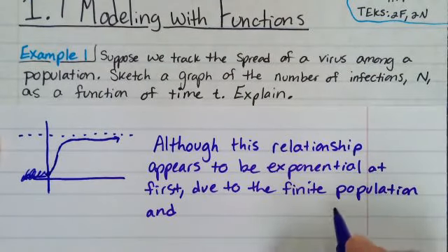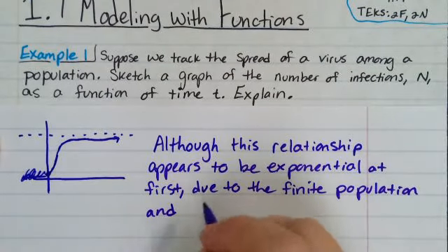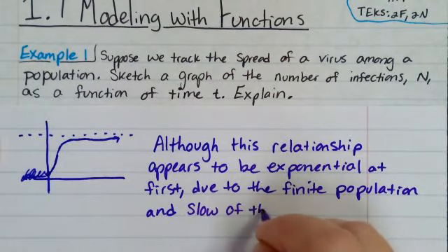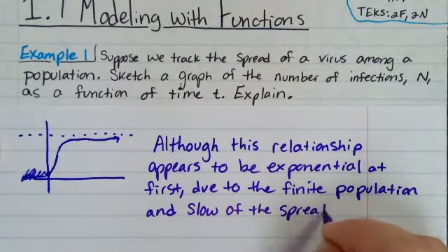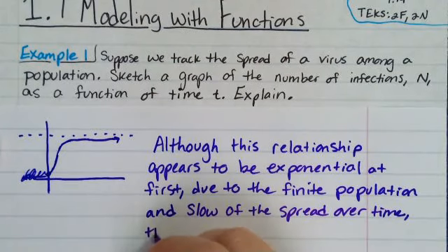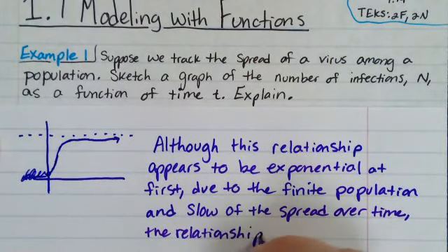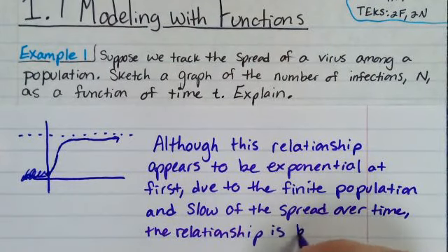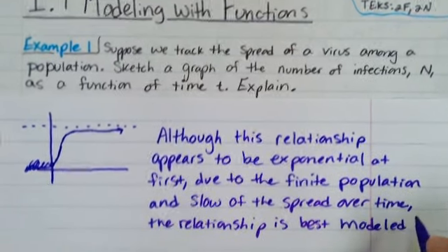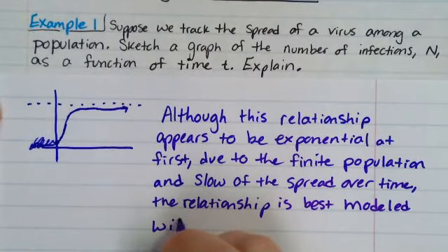So although due to the finite population and the slow of the spread over time, the relationship is best modeled with a logistic function.